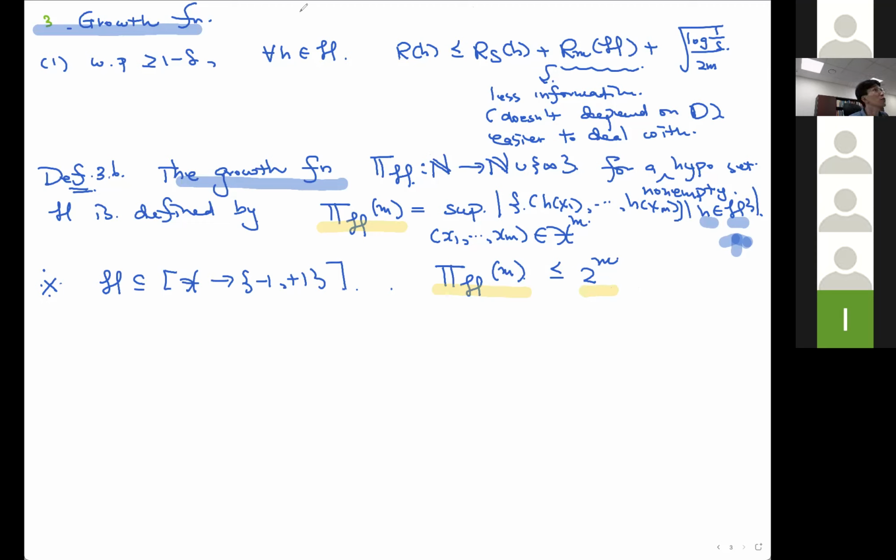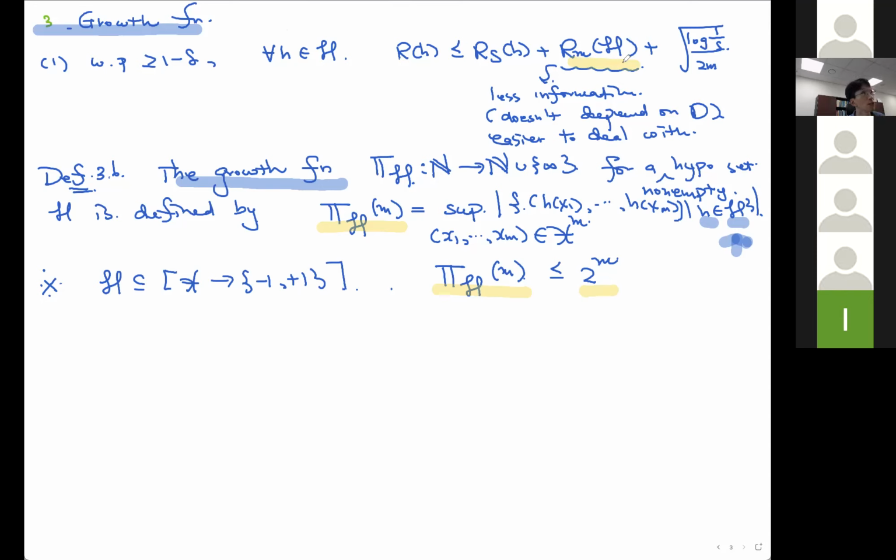So the next question is, this growth function seems to measure the complexity or expressiveness of a hypothesis set. How is it related to the Rademacher complexity? Can we somehow use the growth function to obtain a bound like the one before, but instead of the Rademacher complexity, can we replace it by the growth function?